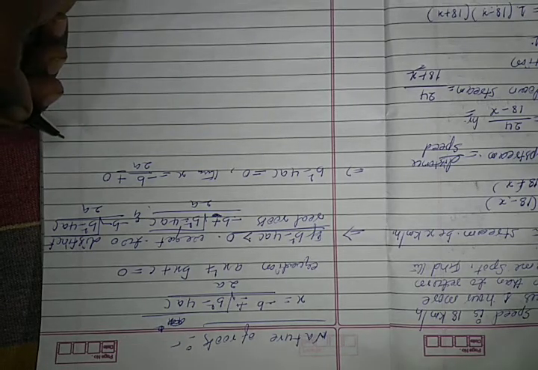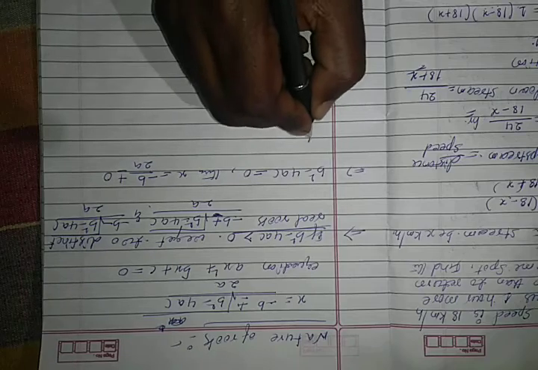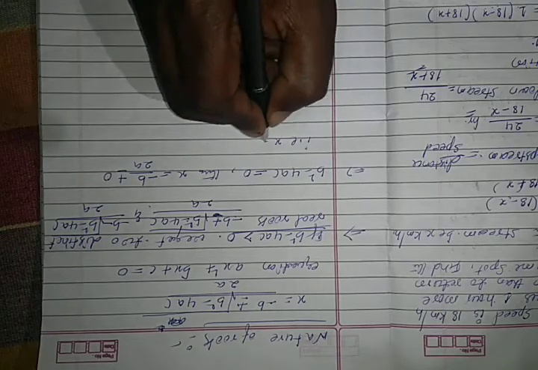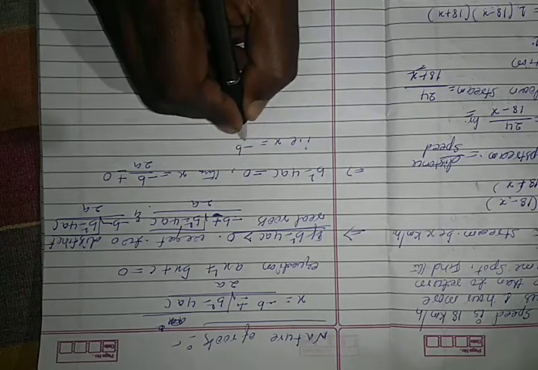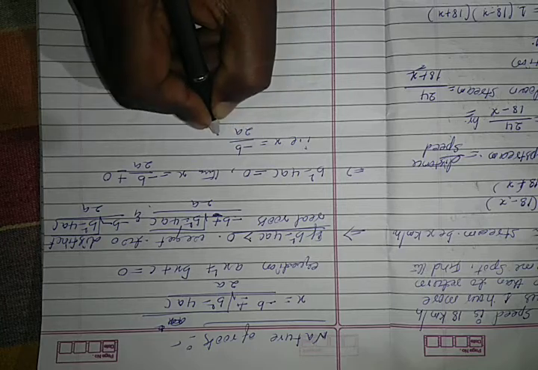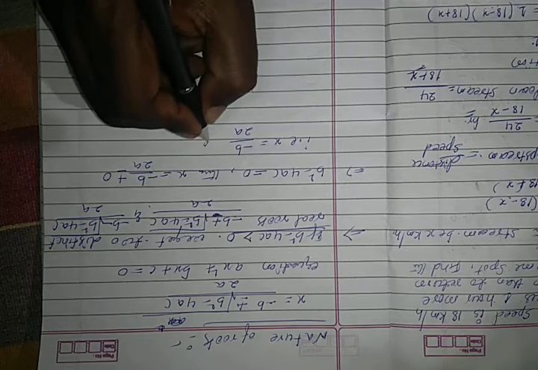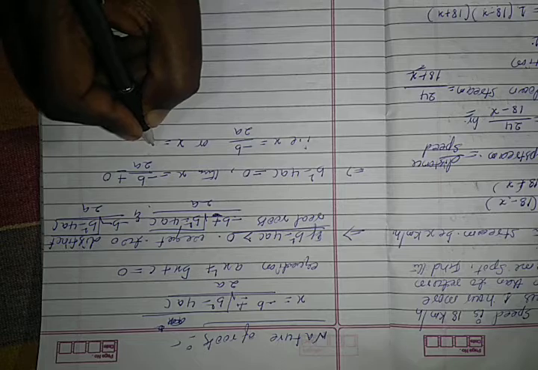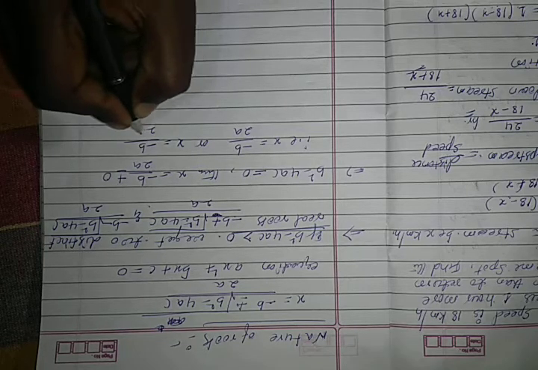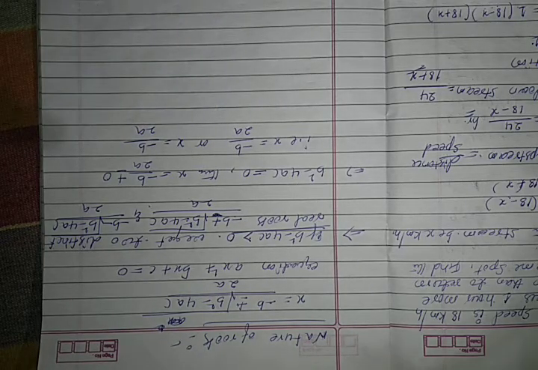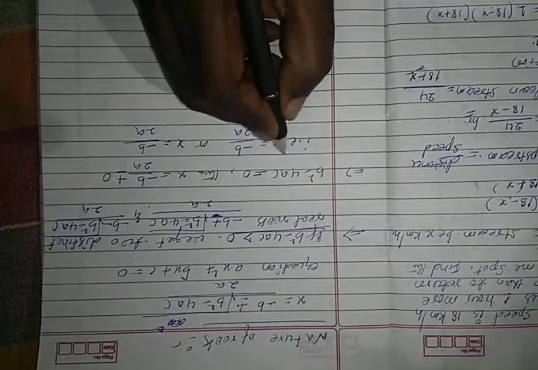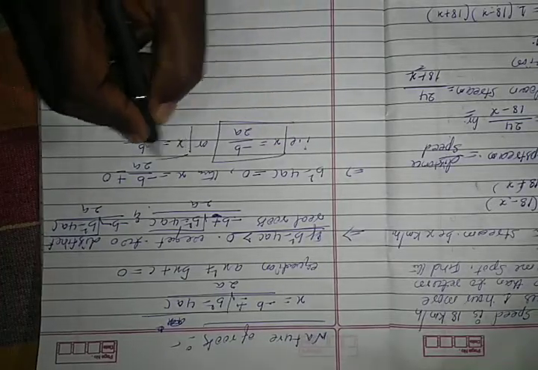Very important. This is one root, that is, x is equal to minus b divided by 2a, or x is equal to minus b divided by 2a. So these are the two roots.